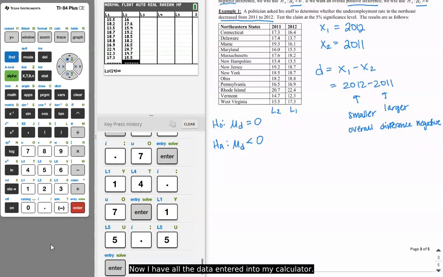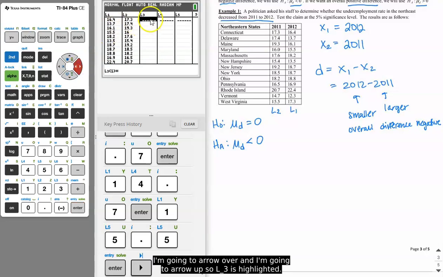All right, so now I have all the data entered into my calculator. If you look at the 15.5, the 17.3, you can see that in our table as well. They should match up, because we're looking at matched pairs. Before we move off this screen, what we need the calculator to do is calculate the difference. So I'm going to arrow over and arrow up so L3 is highlighted.